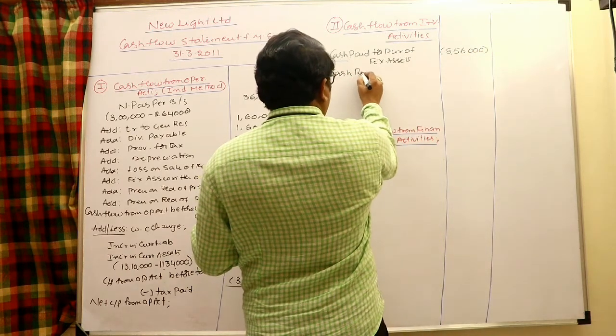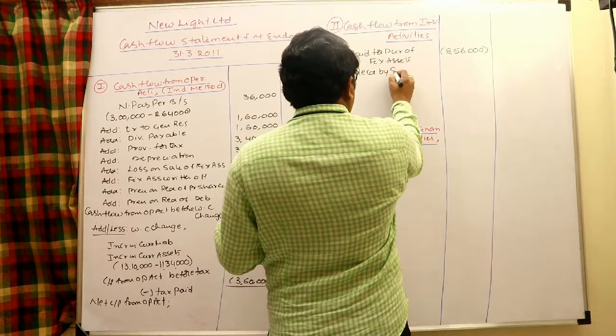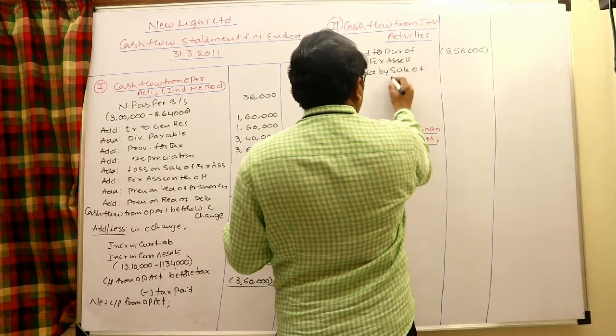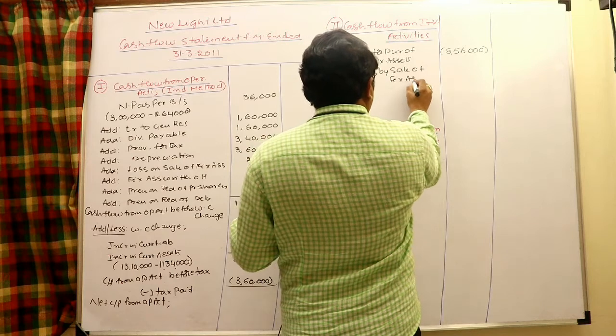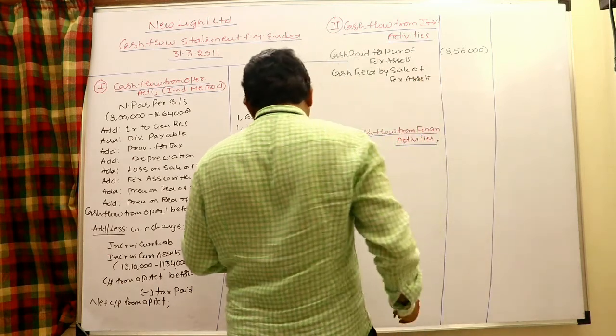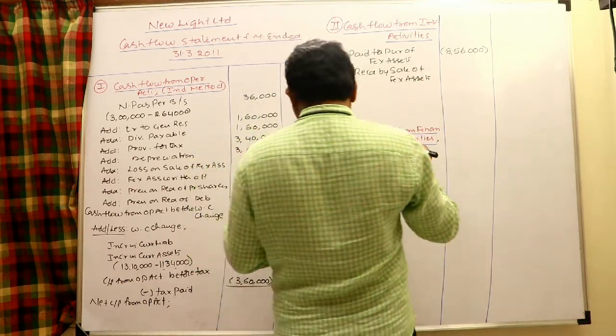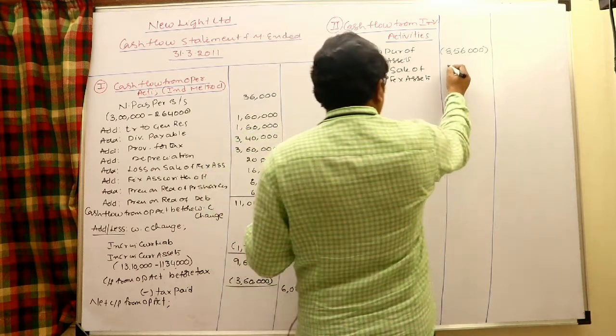Cash received by sale of fixed assets, given, 1 lakh.